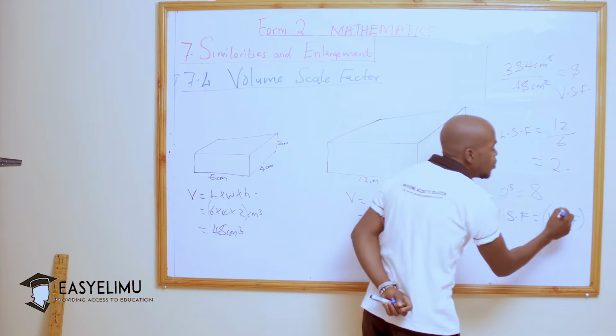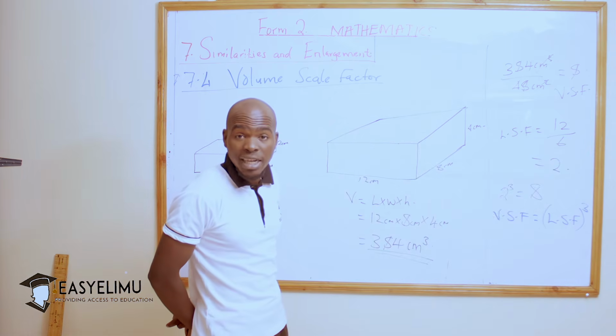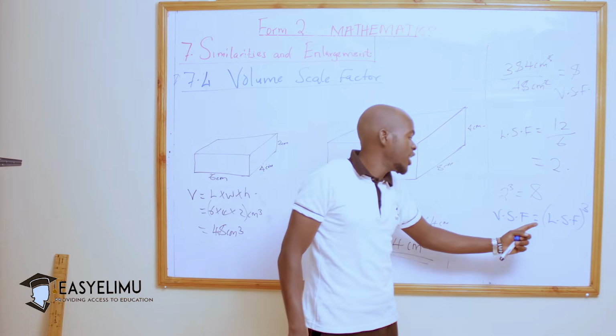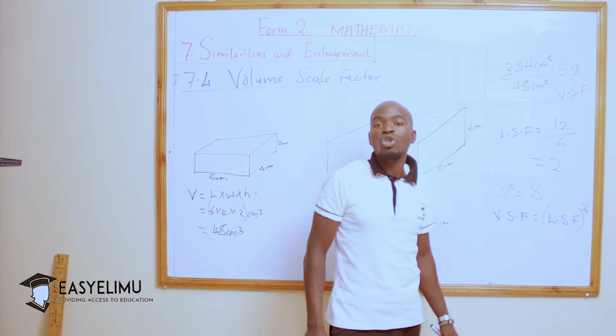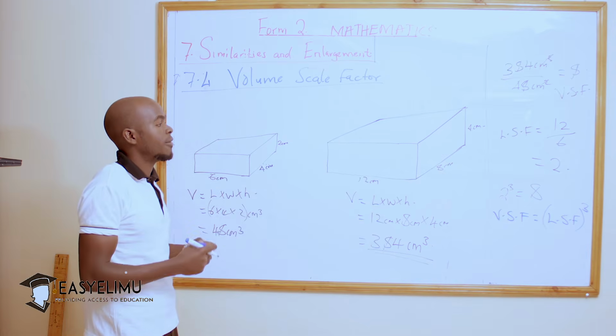So if you cube it, you are cubing the linear scale factor. That implies that to find the volume scale factor, you need to take the linear scale factor and cube it, and then you will find the volume scale factor.